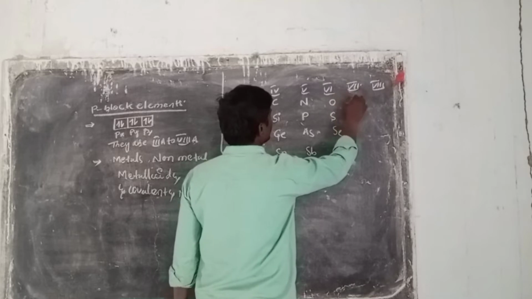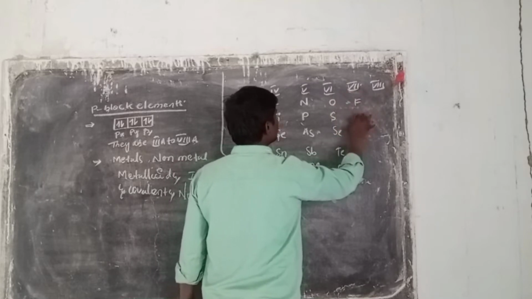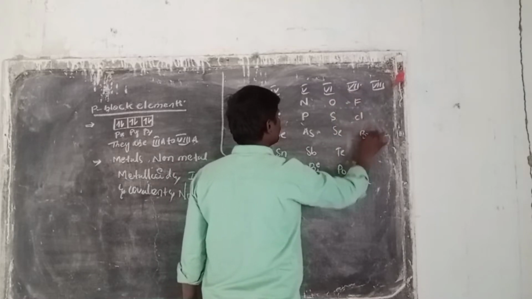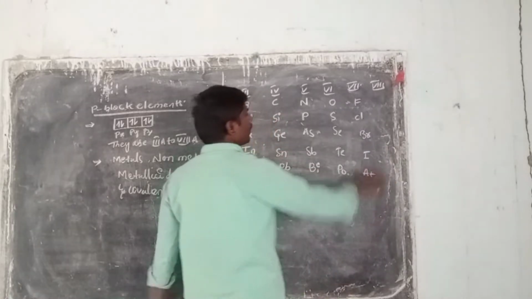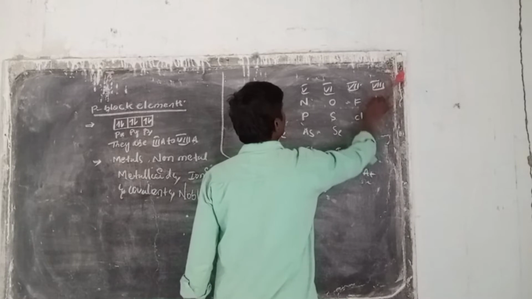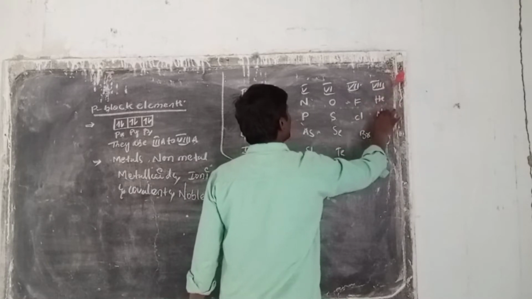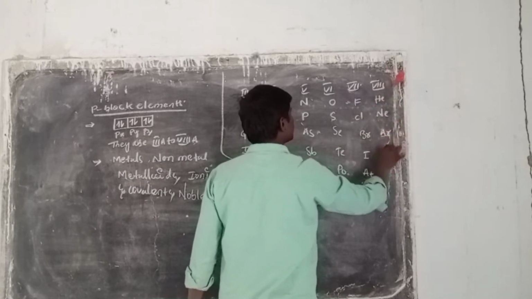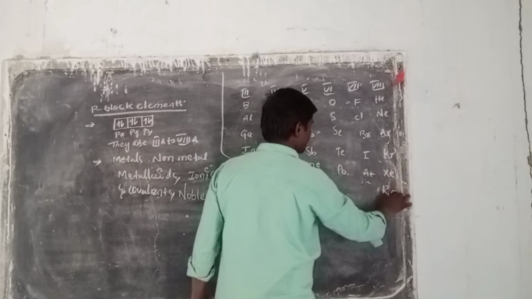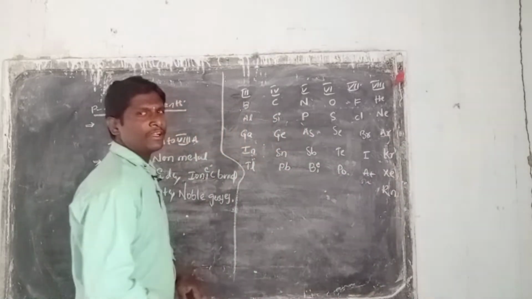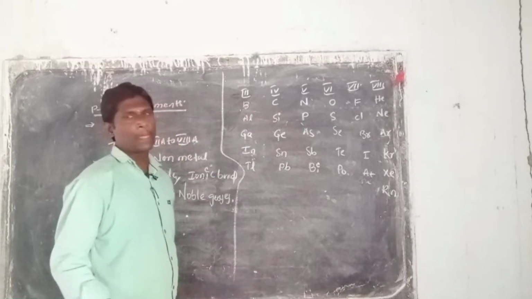Then fluorine, chlorine, bromine, iodine, astatine. The last group is the 8th group: helium, neon, argon, krypton, xenon, radon. These are the 6 groups.